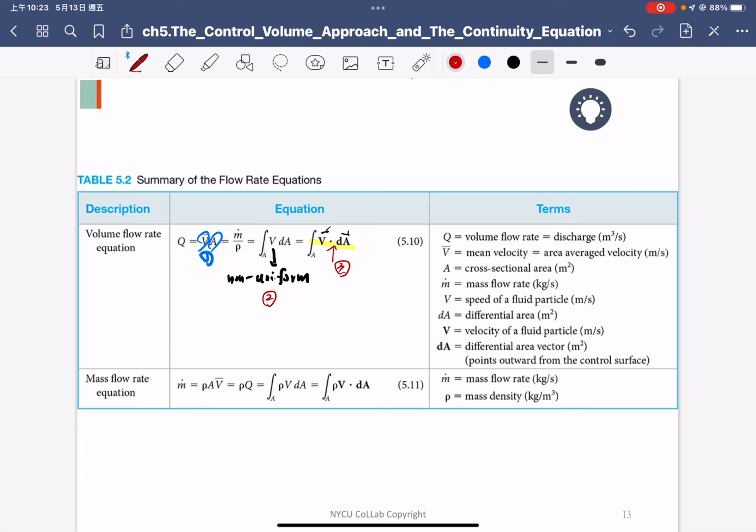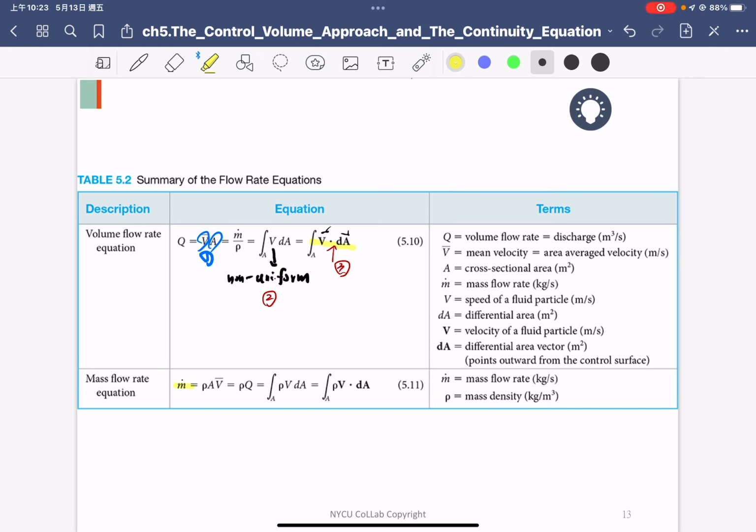Based on your questions, you should look for which one is better for your questions. Okay, and if you compare, the upper one is related to the discharge, and the bottom one shows the mass rate. The mass rate is the mass flow rate.